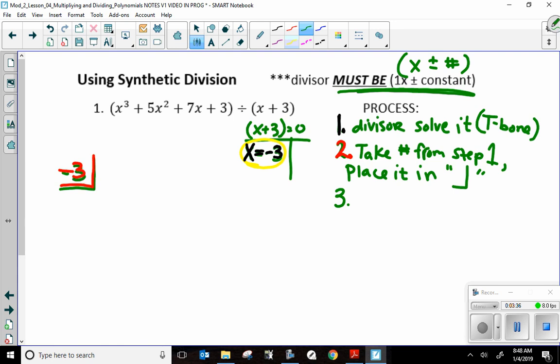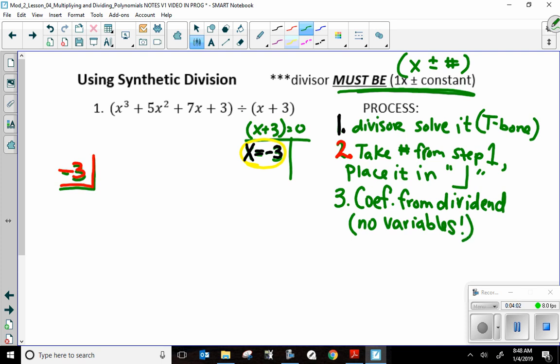I'm going to take my dividend, that's my bigger expression, and take the coefficients from it. I don't want my variables, so no variables. And write them horizontally next to that backward L.